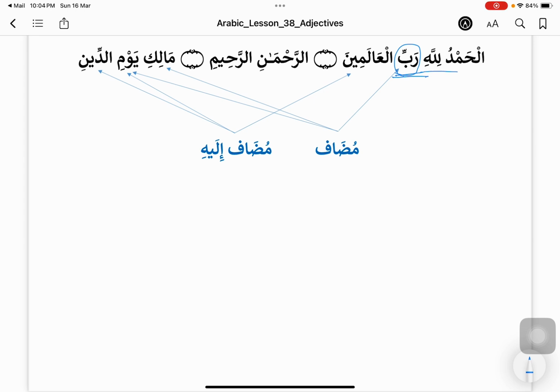Mudaf does not take al, but it is definite because of Alamina: Rabbil Alameen, the Lord of Alameen, all that is in existence. Allah is the Lord of all of it. So this is mudaf ilayhi. Rabbi is mudaf, Alamina mudaf ilayhi. And Ar-Rahman Ar-Rahim is sifa. Maliki is again mudaf, and Al-Yawmi mudaf ilayhi, and it is mudaf. And then Ad-Dini mudaf ilayhi.